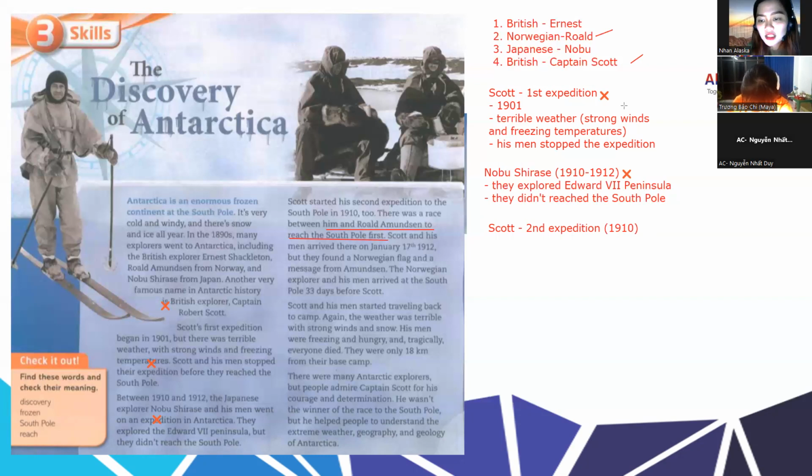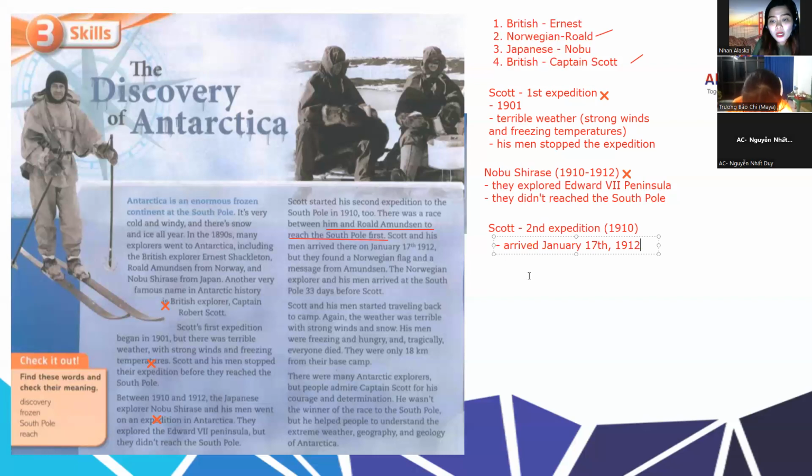So on his second expedition, Scott and his men arrived there on January 17th, 1912. But sadly, they found a Norwegian flag and a message from Amundsen.